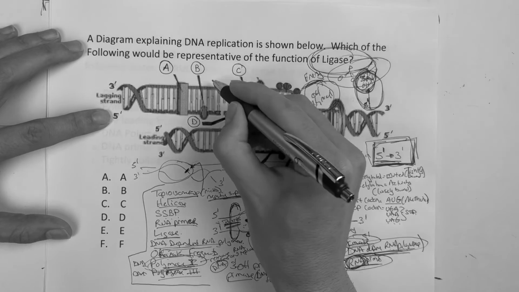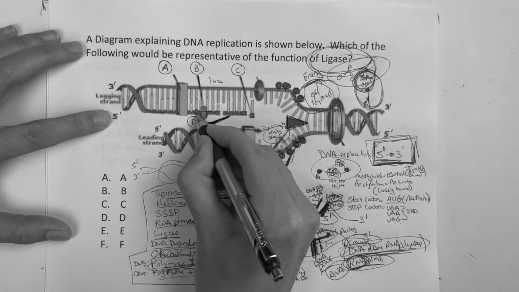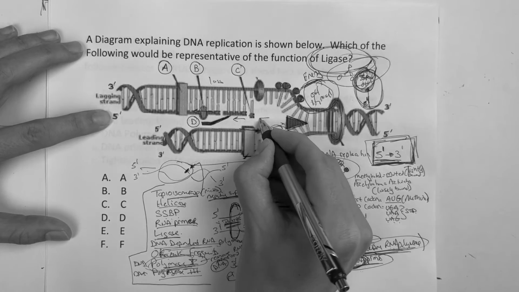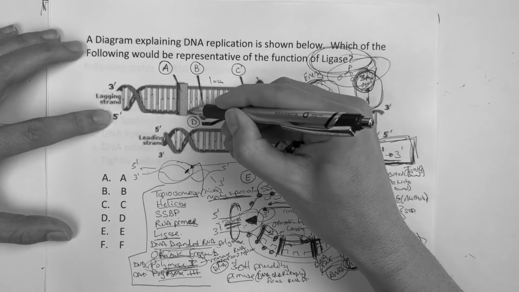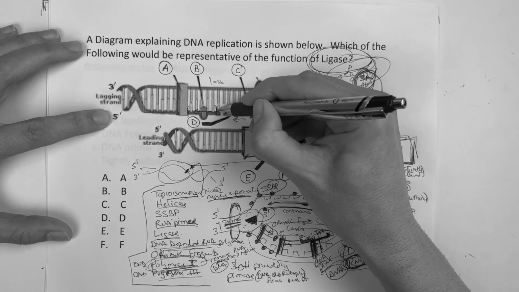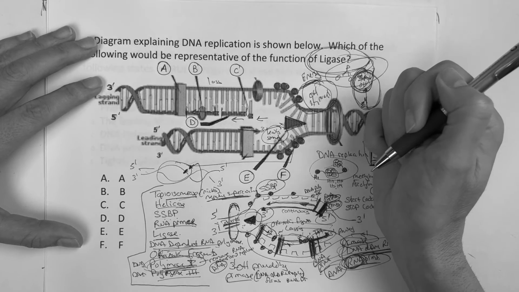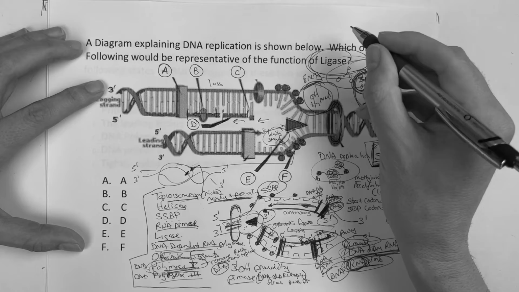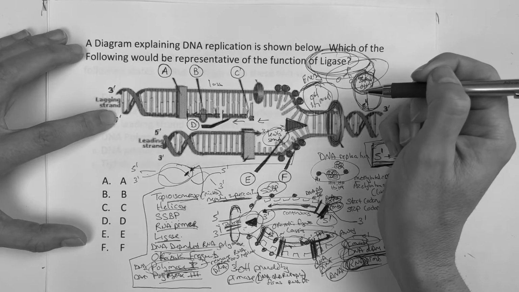So this is the lagging strand. In theory, they're making it in these directions, so there should be little chunks, or little non-continuous patterns, that they're going to stick together. And remember, ligase is the glue that binds the Okazaki fragments.